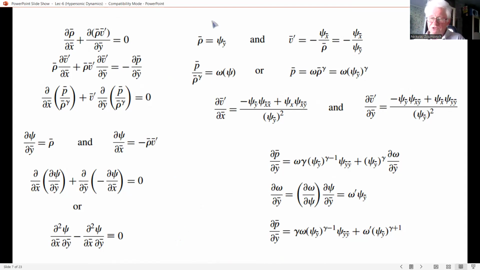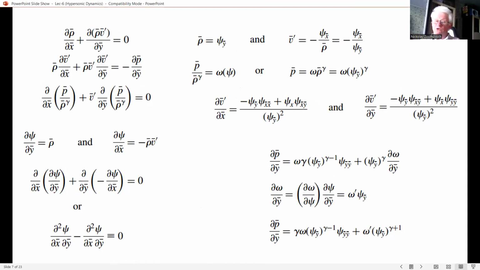Also, note that rho average and p average may be found as functions of psi.